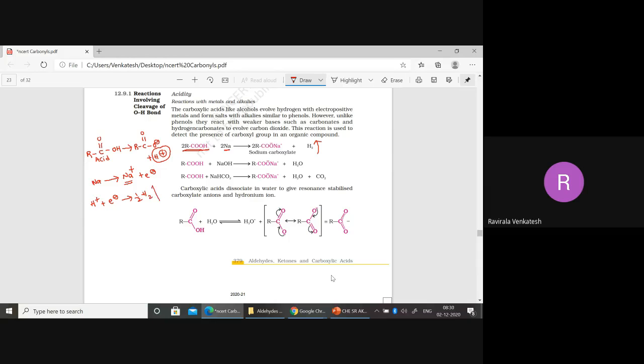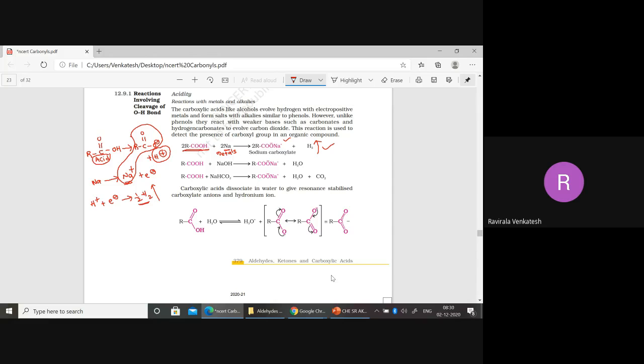This hydrogen gas indicates this is an acid. After this, Na plus and COO minus will combine to give this molecule. So acids generally, when they react with metals, give hydrogen gas.